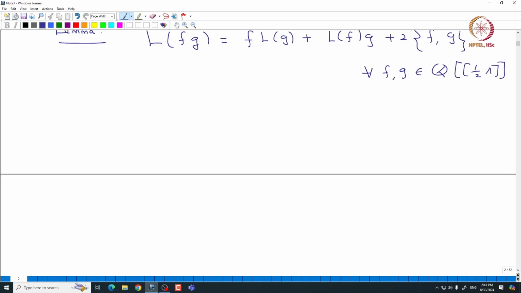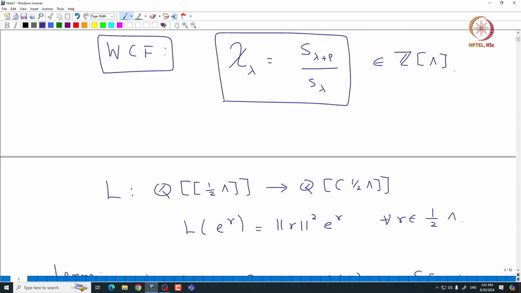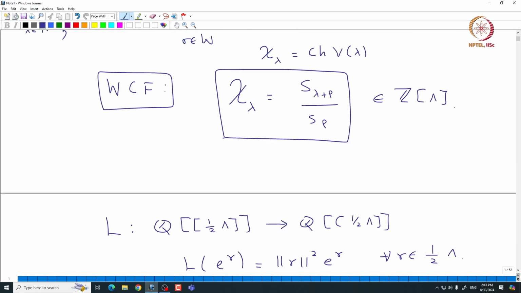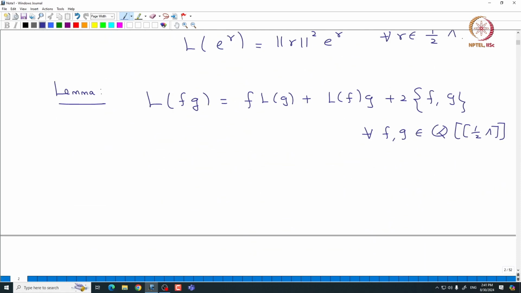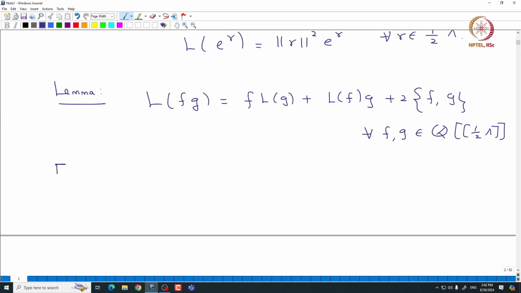If you are interested in proving the Weyl character formula, it says chi lambda times S rho is the same as S lambda plus rho. So the Weyl character formula can be written as S rho times chi lambda equals S lambda plus rho. This is true if and only if we can show that S rho chi lambda is an eigenvector for the Laplacian with the eigenvalue norm lambda plus rho squared.